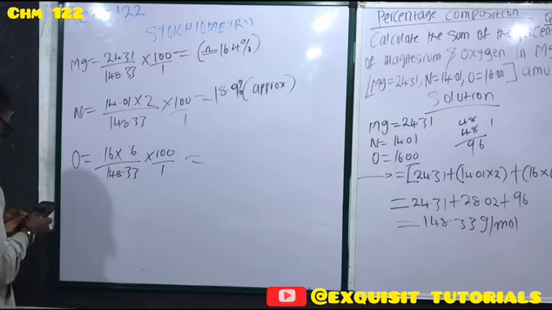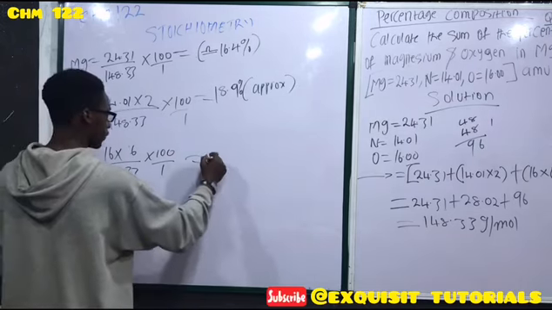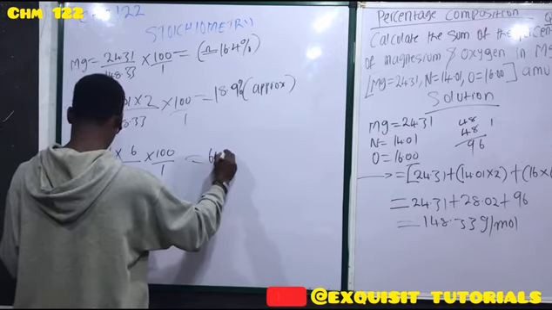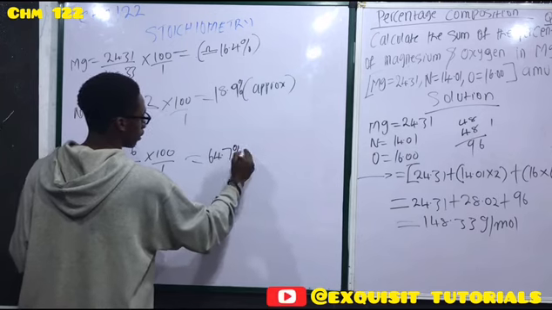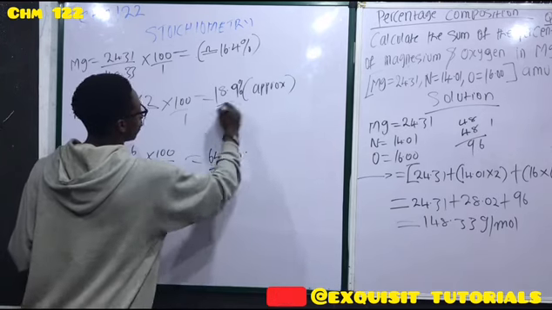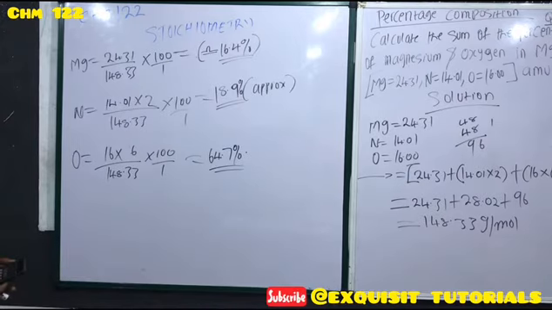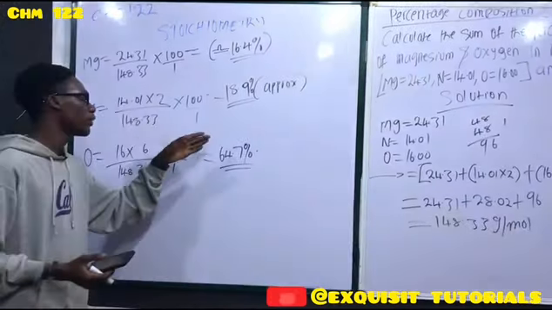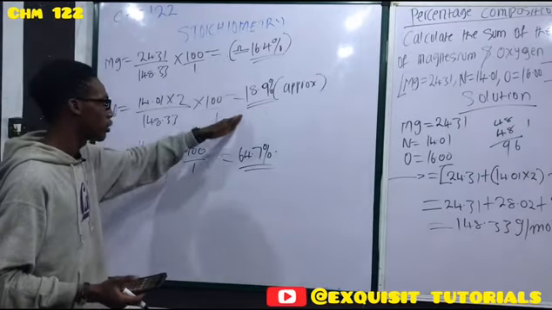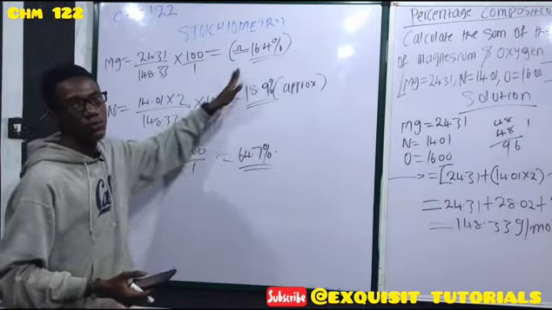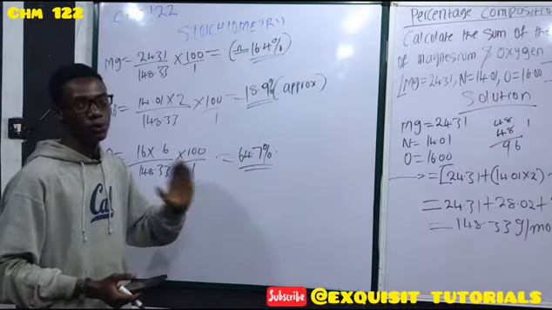Here we are having 64.7 approximately. Now, when you want to check if your calculation is correct, you can just add everything. Once the summation gives you 100, just know your calculation is correct.